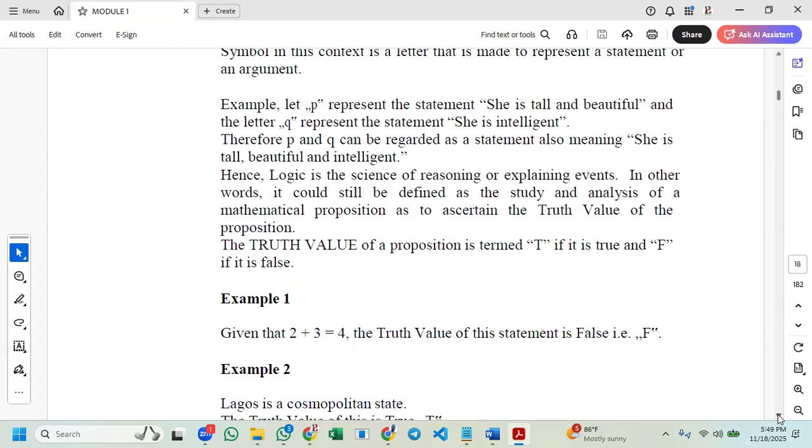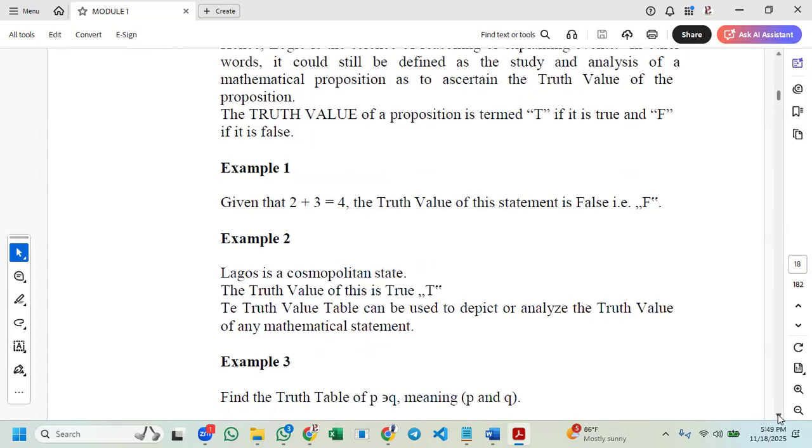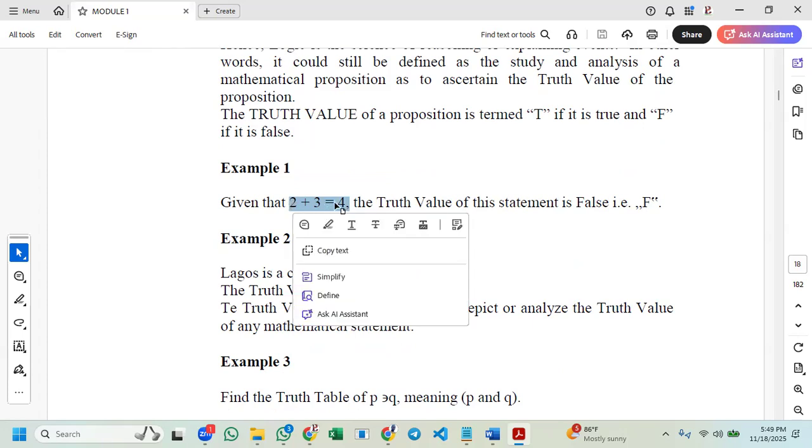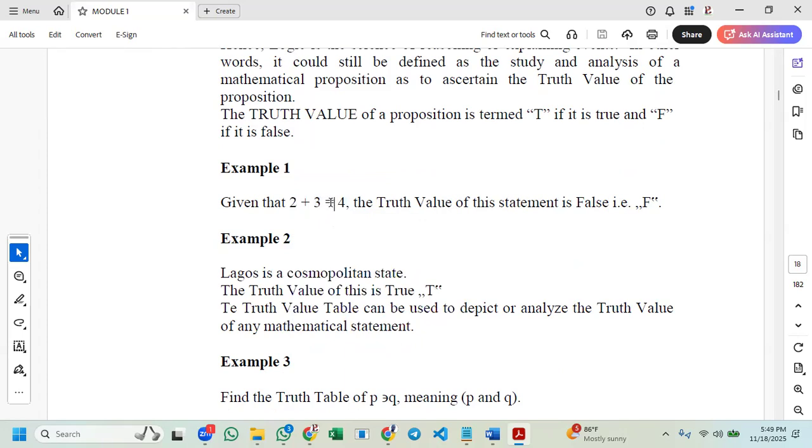Now, let's do a very simple example. Given that 2 plus 3 is equals to 4, you automatically know, based on general mathematics, that this is what? False. Is that not so? Yes. The answer is not correct, so it's false. 2 plus 3 is supposed to be 5. So if somebody is telling you that 2 plus 3 is 4, you will argue with the person. Why?